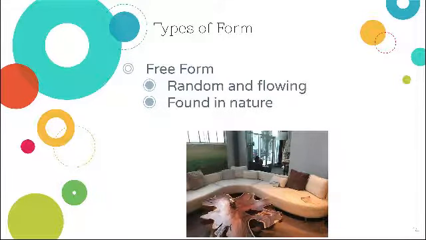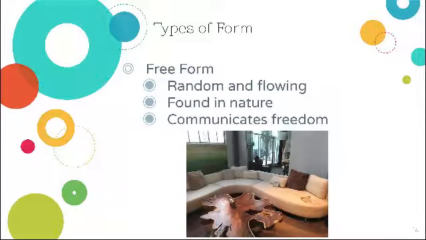So it's more of those shapes you'd find in nature that you could use with that free form. It's not as predictable. Everything's not the perfect same shape. If you go outside, every leaf is maybe a little bit different. Every rock is shaped a little bit different. And that's kind of the basis of that free form. It communicates kind of that freedom because it has some different shapes and movement to the sides of that form.